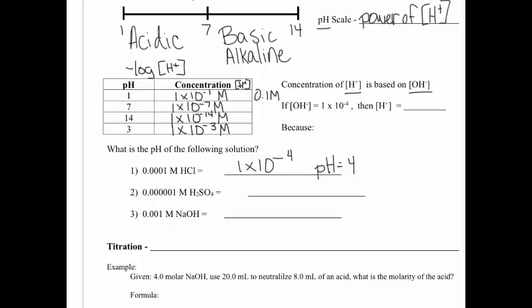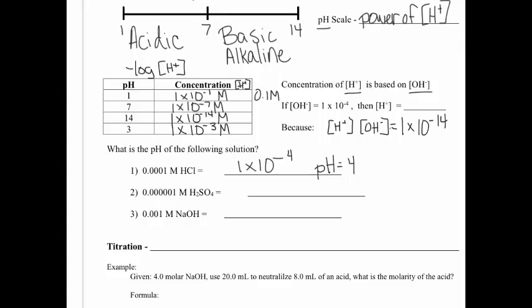What that relationship really is, if you were to take the concentration of H pluses and multiply it times the concentration of the OH minuses, you would end up with 1 times 10 to the negative 14.